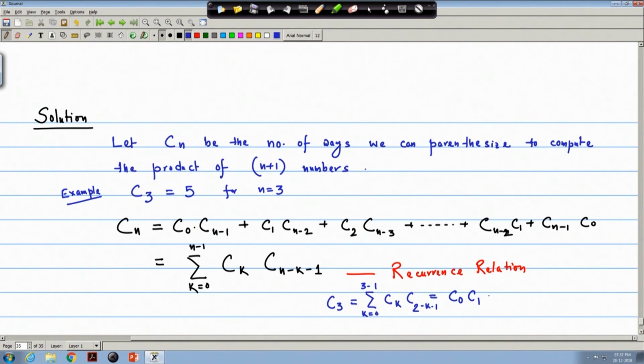So, C0 C1 plus C1 C0 plus C2 C0, giving C0 C1 plus C1 C2.